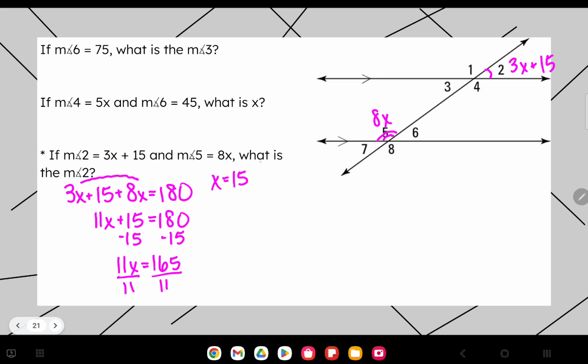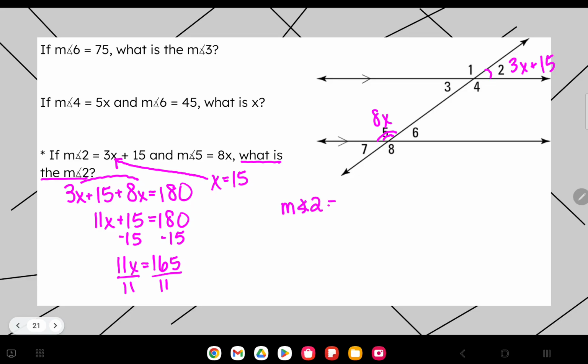All right, but now we stop. We look back at the question. What is it asking? What is the measure of angle 2? So now that we know what x is, we can substitute that in for the x in the measure of angle 2.